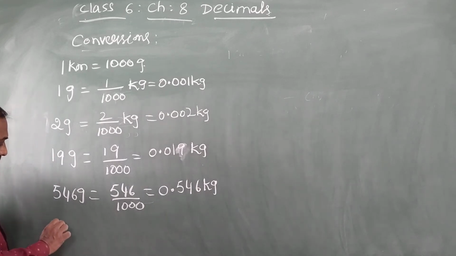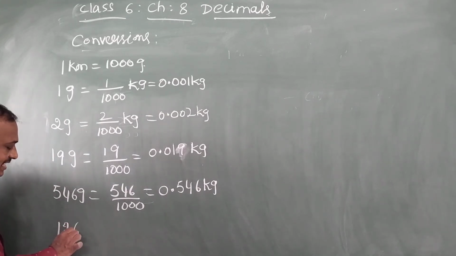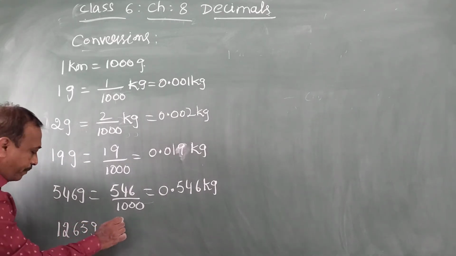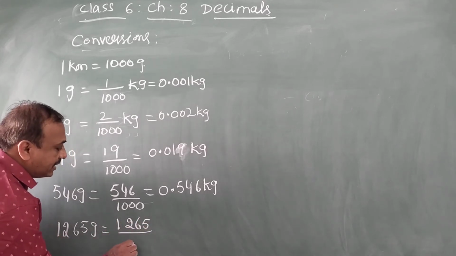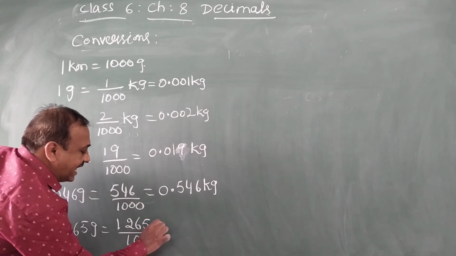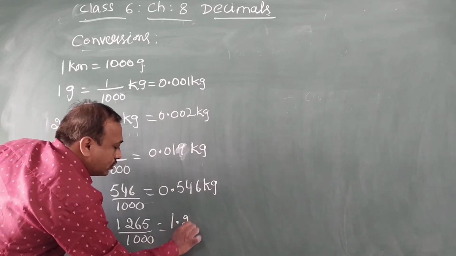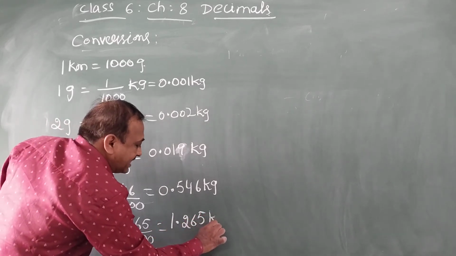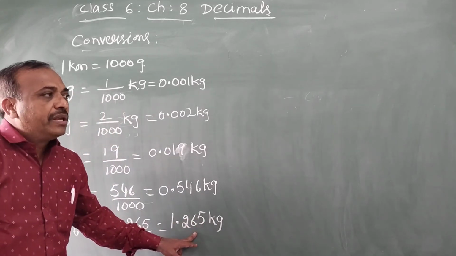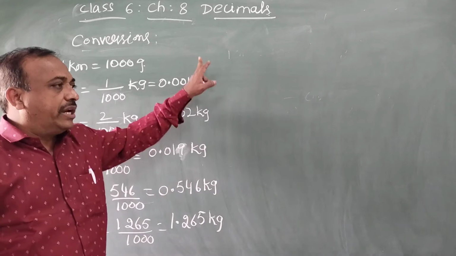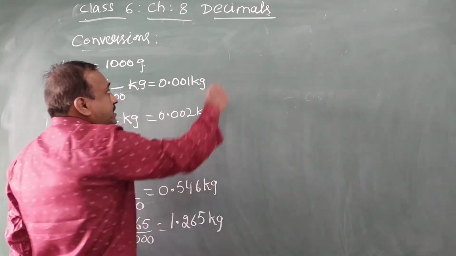Then 1265 grams, if you write 1265 by 1000, which could be written as 1.265 kg, means 1 kg 265 grams.